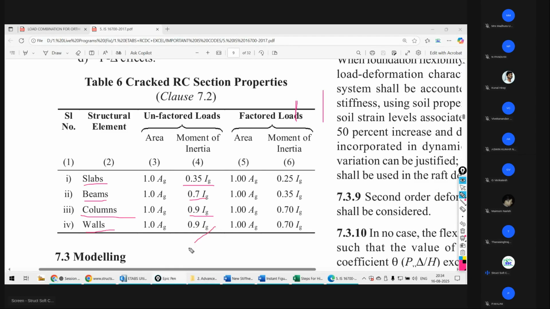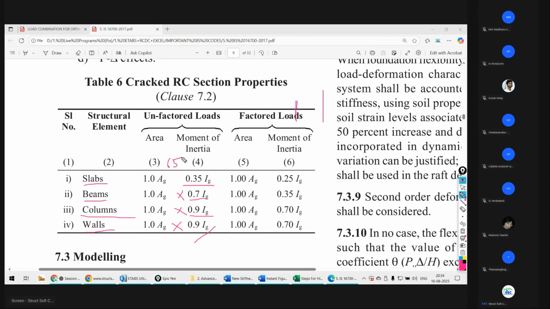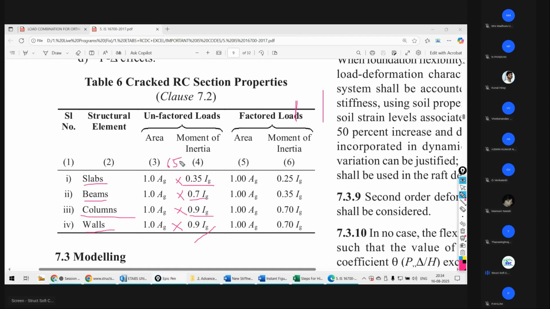So this stiffness is needed to be considered. यहाँ पर हम लोग 10% को इग्नोर कर दे रहे हैं, for case of column and walls. For the case of beam we are ignoring 30%, we are considering only the 70%, and for the case of the slab we are releasing the 65% and only considering the 35%. Getting? This is for the service case.